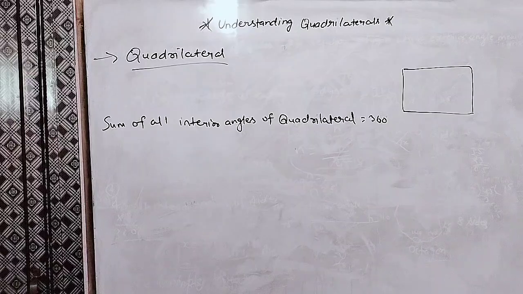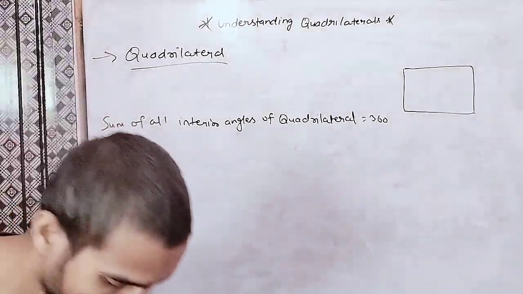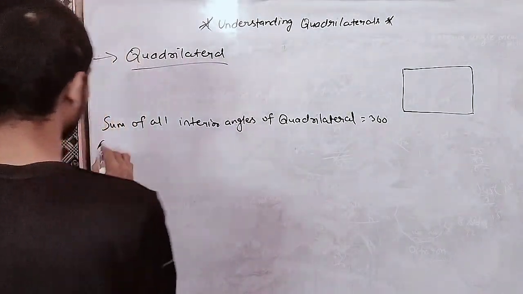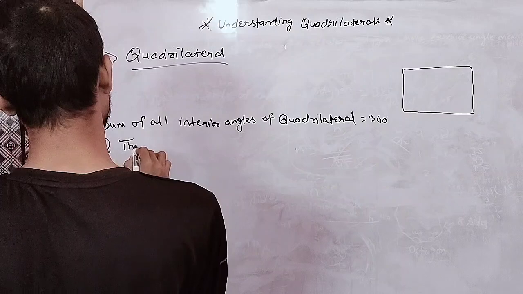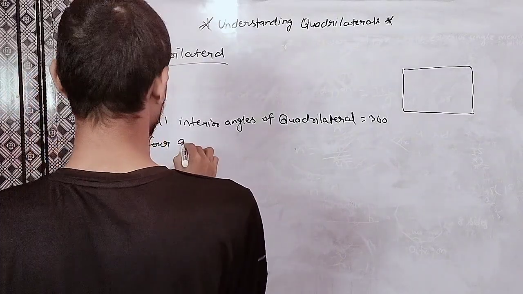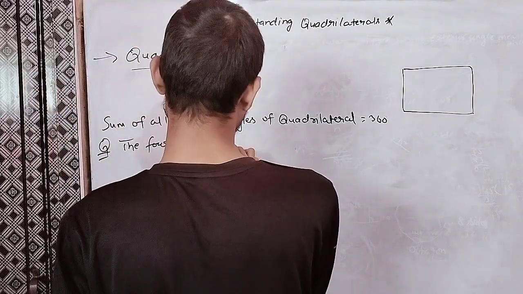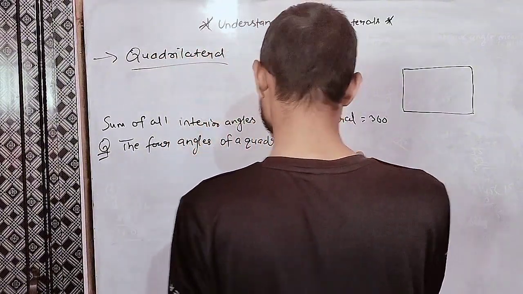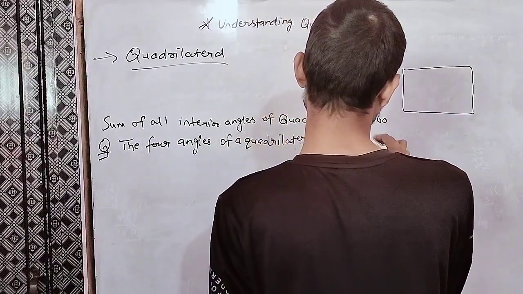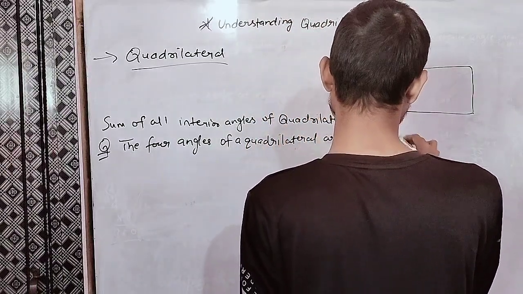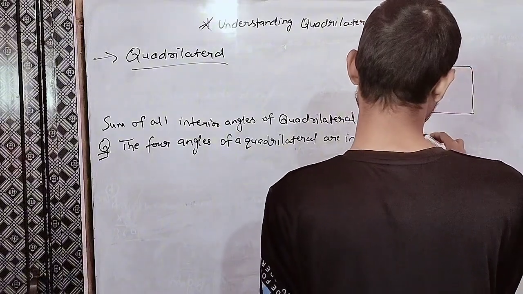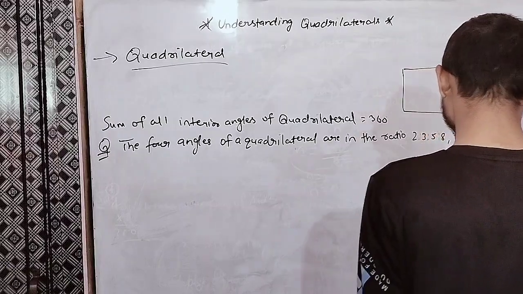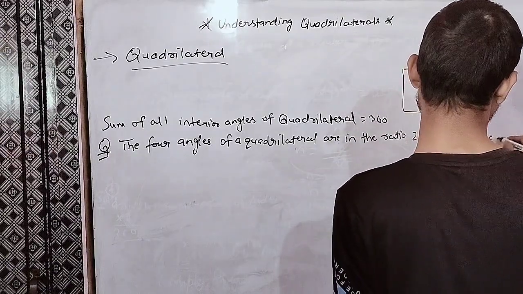Now we have a question based on this. Let me write the question. The four angles of a quadrilateral are in the ratio 2:3:5:8.